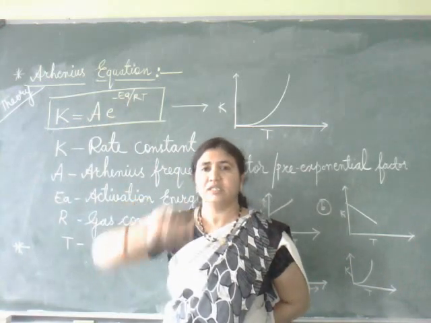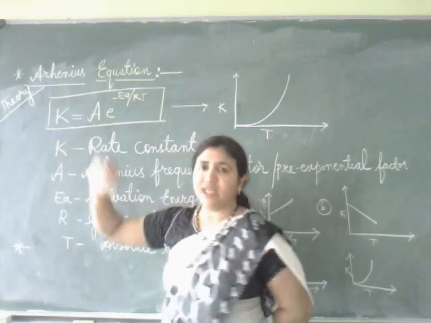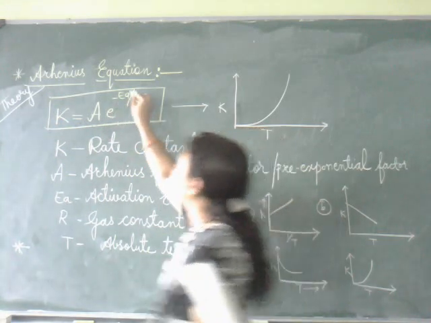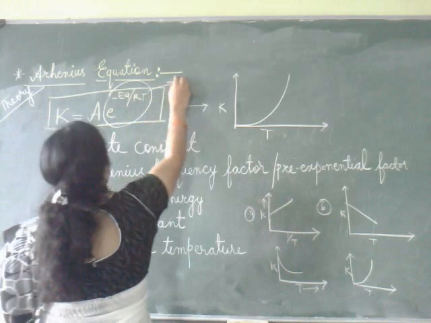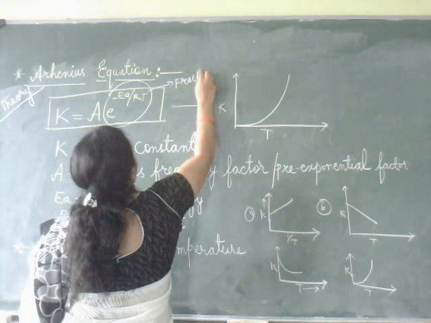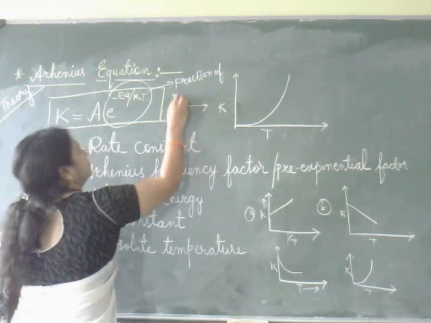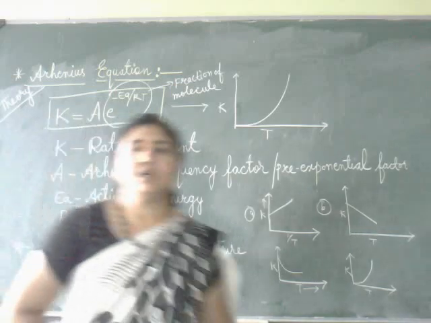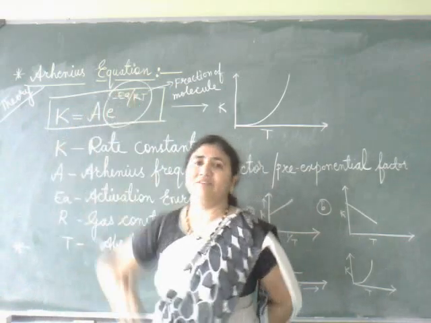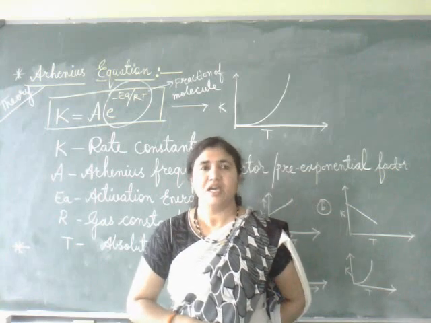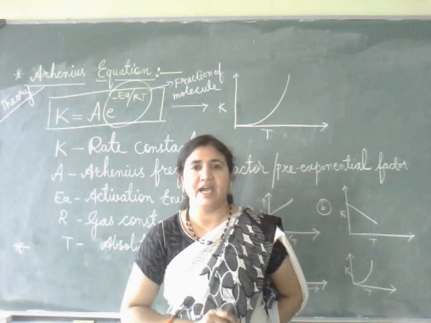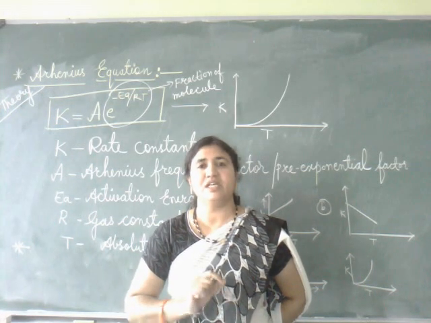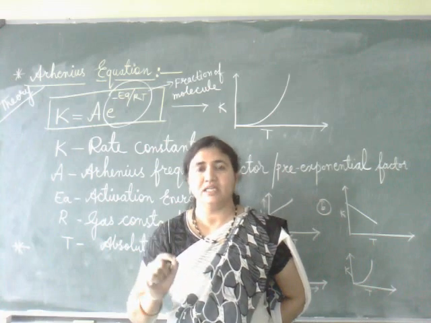According to Arrhenius, if the temperature increases, the fraction of molecules, this part e to the power minus Ea by RT, increases. This is the fraction of molecules having energy greater than activation energy, and they collide with effective collisions, and that's why the rate of the reaction increases.